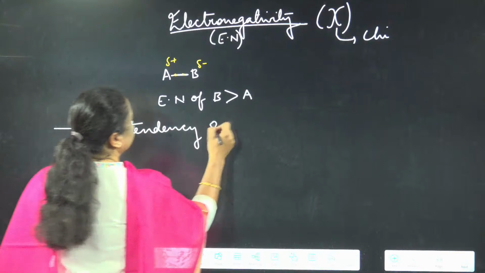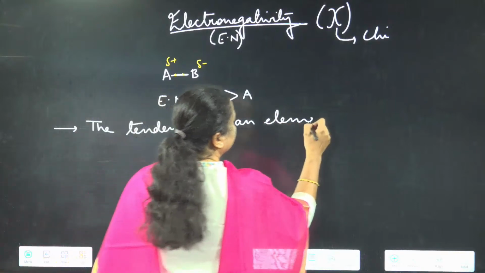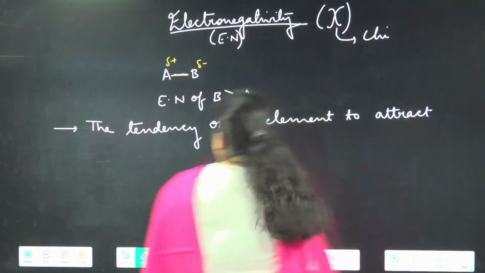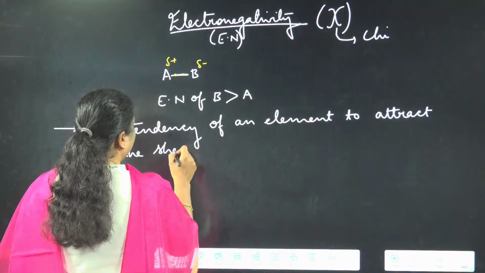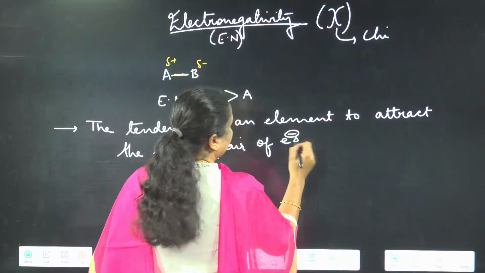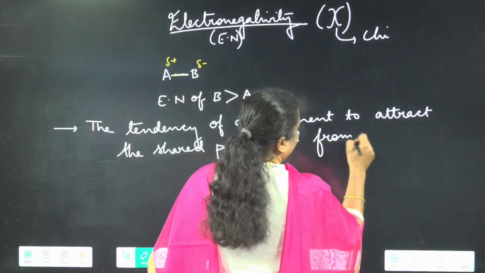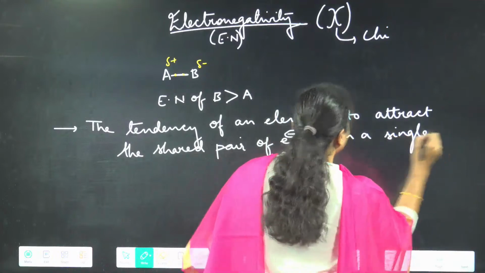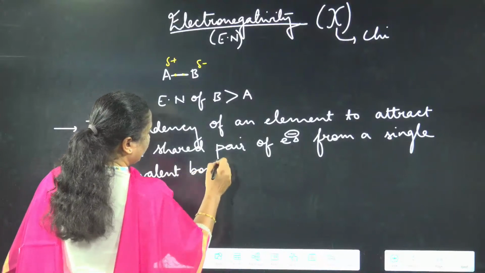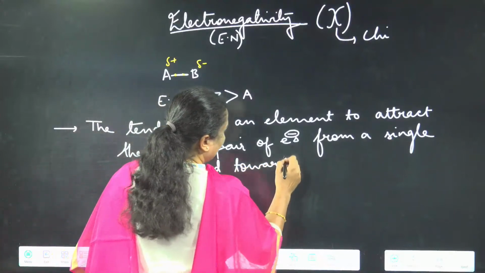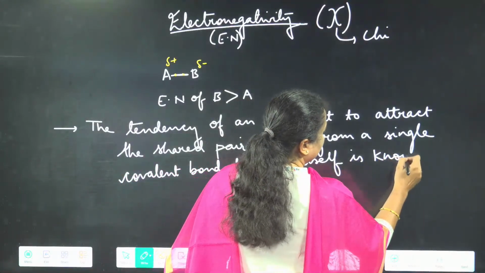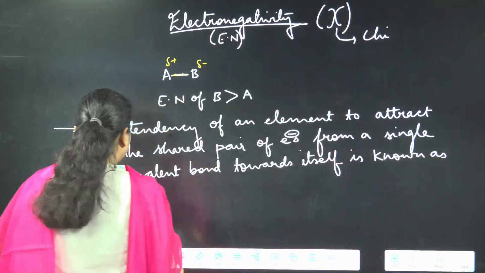The tendency of an element to attract the shared pair of electrons from a single covalent bond towards itself is known as electronegativity.